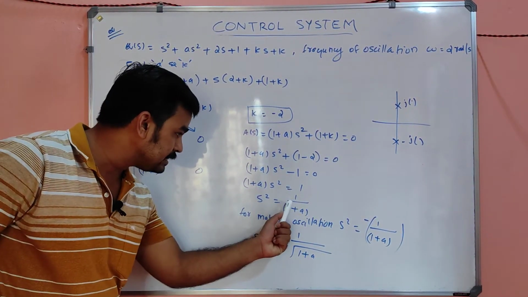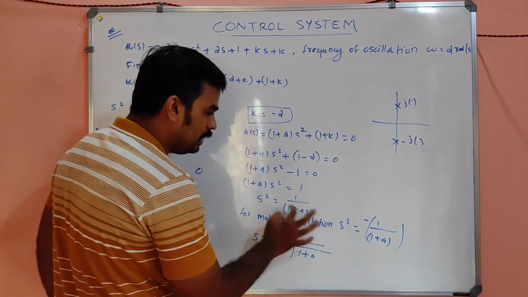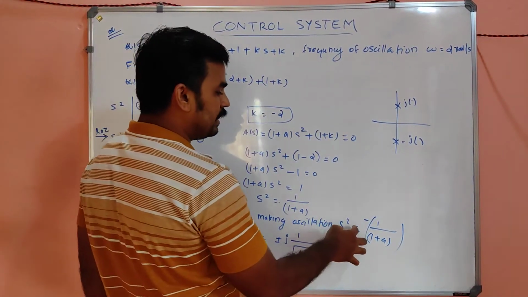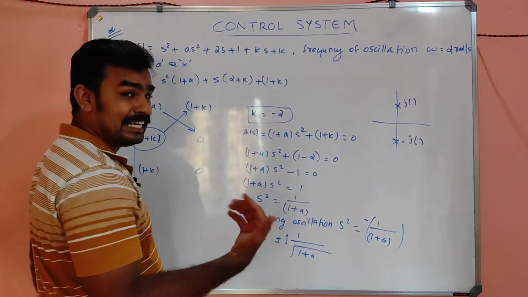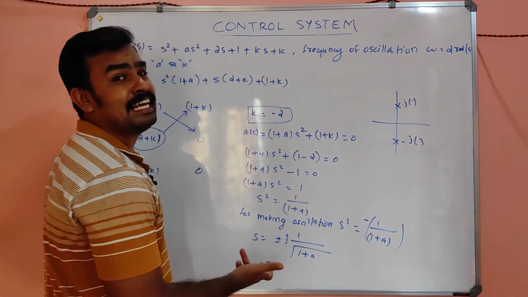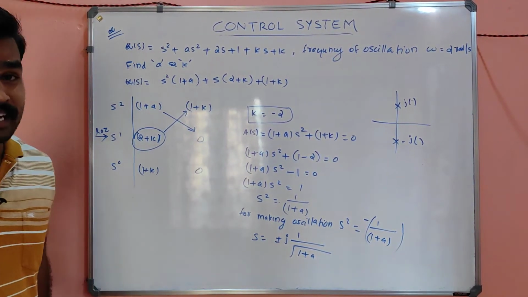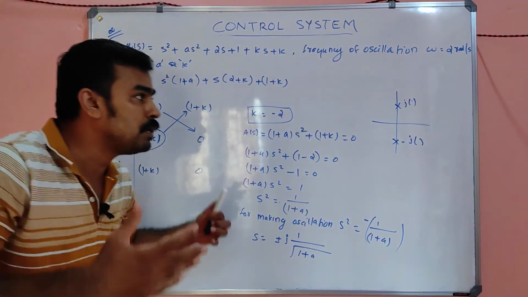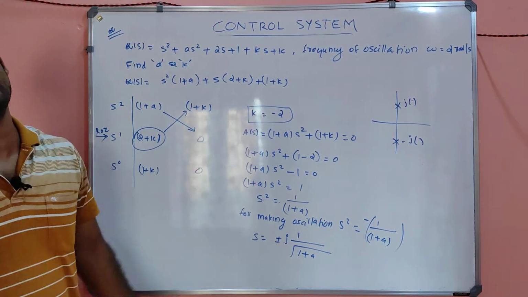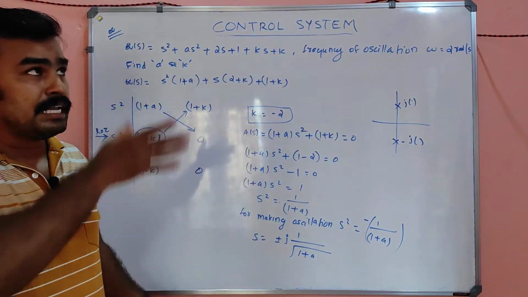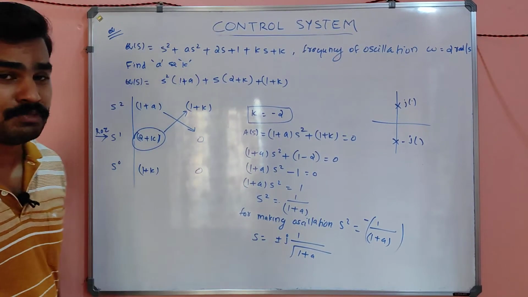For making this j term, this term should be fully negative. Otherwise we can't introduce j there, and if we can't introduce j, it will not be a frequency of oscillation. It will not oscillate. If it starts oscillating, there will be some j omega term.